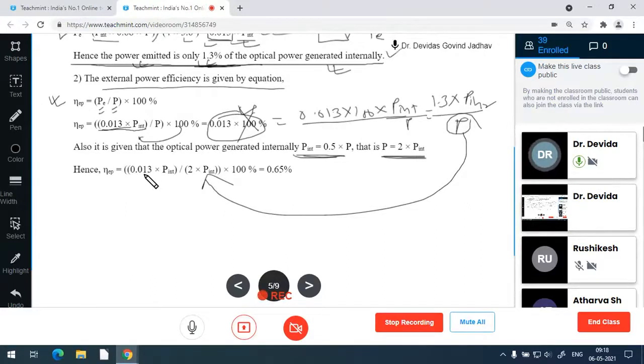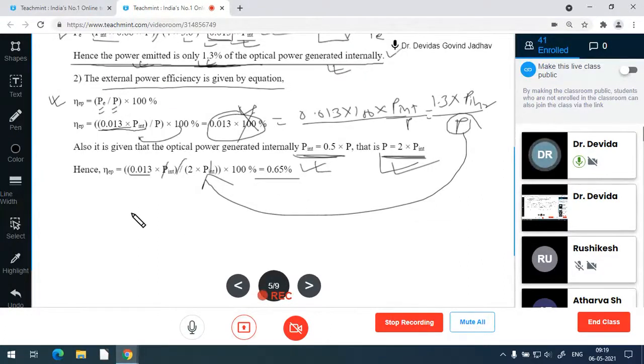So 0.013 into P internal divided by 2 into P internal, with multiply by 100 there. P internal gets cancelled, so 0.013 multiplied by 100 divided by 2 becomes 0.65%.